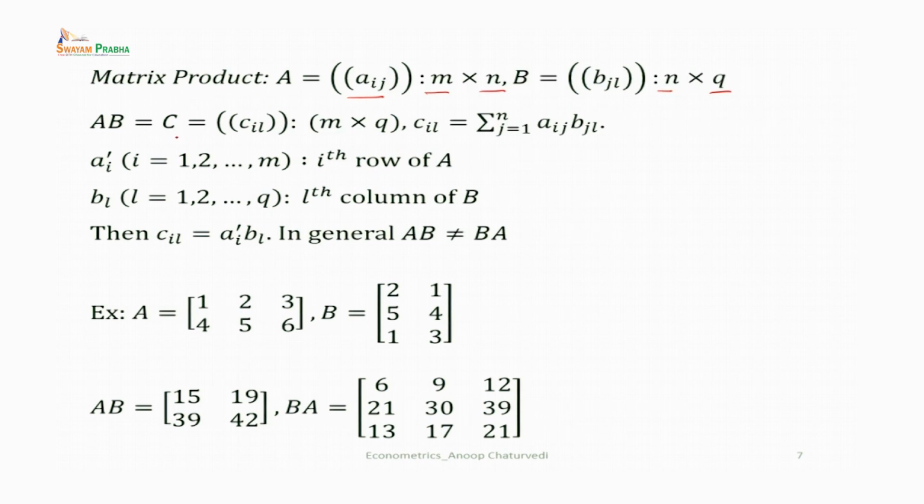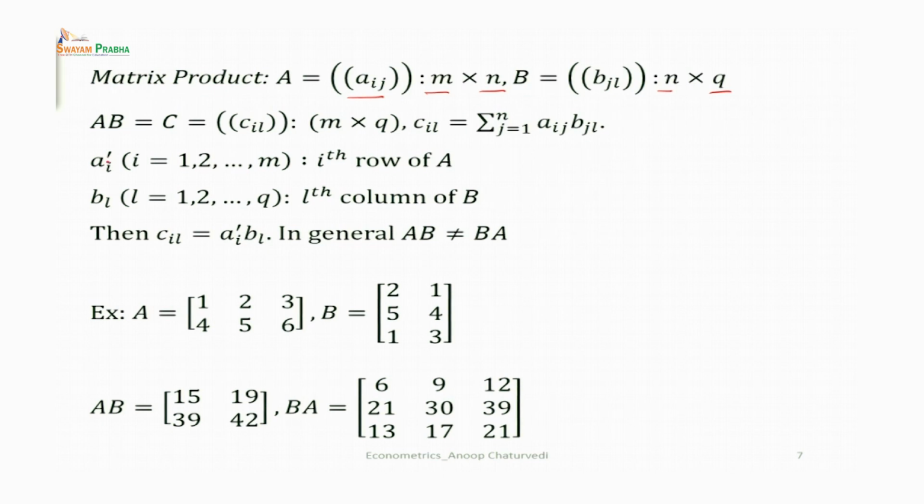Then we define AB equal to, say, C, with ilth element Cil. The order of C is m cross q, which means C has m rows, the number of rows of C is equal to the number of rows of A, and the number of columns of C is q, which is equal to the number of columns of B. And Cil is equal to the summation over j from 1 to n of Aij Bjl.